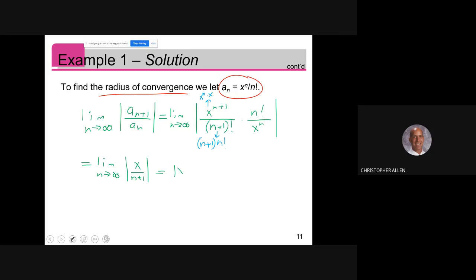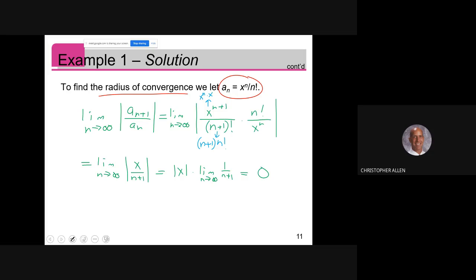So I could basically say it's the absolute value of x times the limit as n goes to infinity of 1 over n plus 1, correct? Now, x could be positive or negative, and that's why I left that absolute value. It doesn't affect the n's. And we, of course, know that this limit is 0, right?